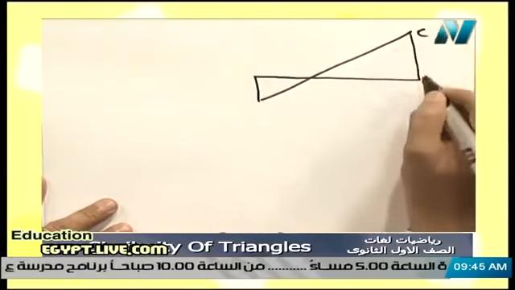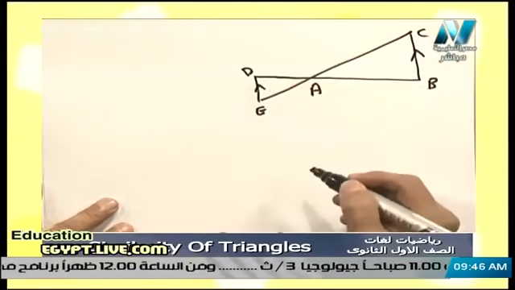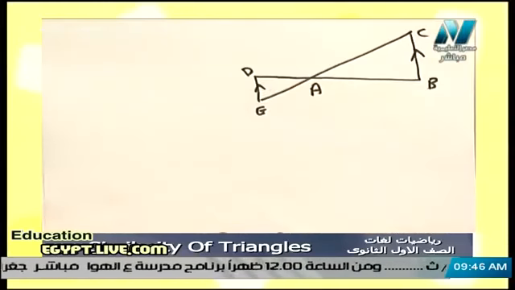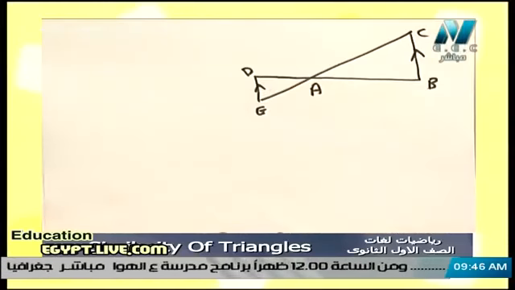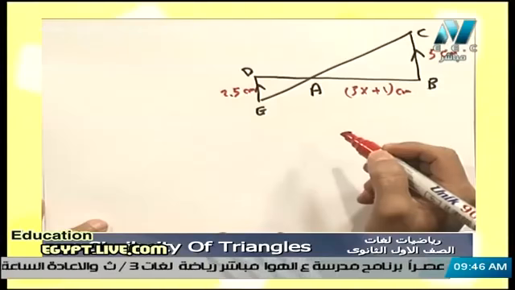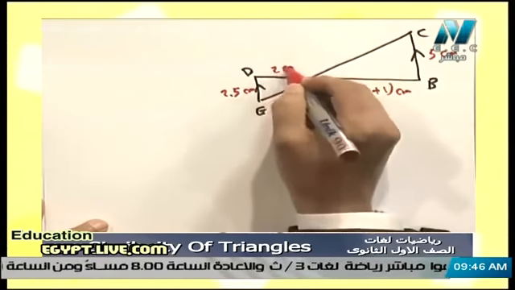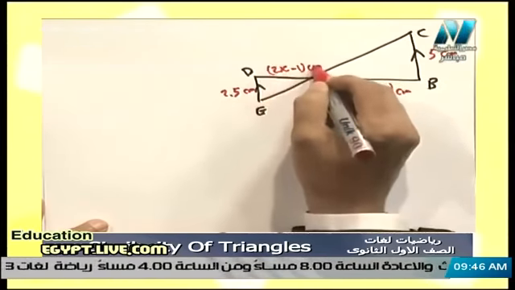And we have CB parallel to DE here. The data: the length of CB equals 5 centimeters, and the length of AB equals 3x plus 1 centimeter, and this is 2.5 centimeters, and AD equals 2x minus 1 centimeter.